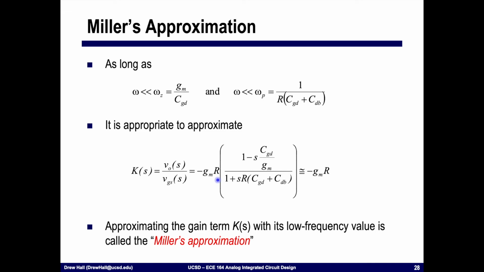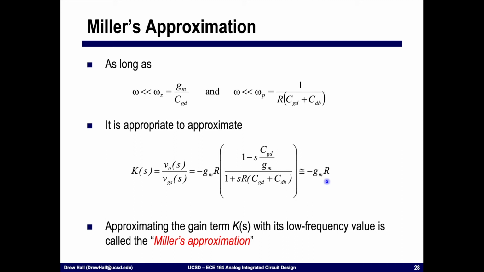You will often hear people say Miller's theorem, and they will use this approximation without realizing it. Really these are two separate things. Miller's theorem is, as I showed you mathematically, provable. Miller's approximation is a handy approximation that we often use in conjunction with Miller's theorem in order to make it actually tractable.